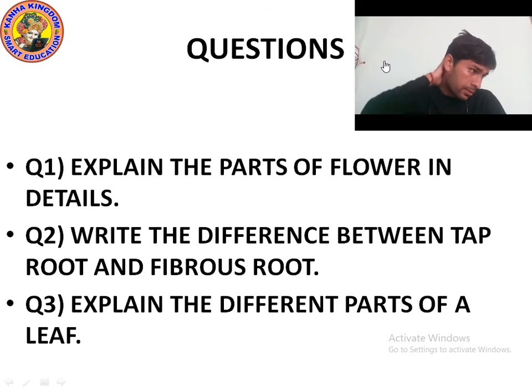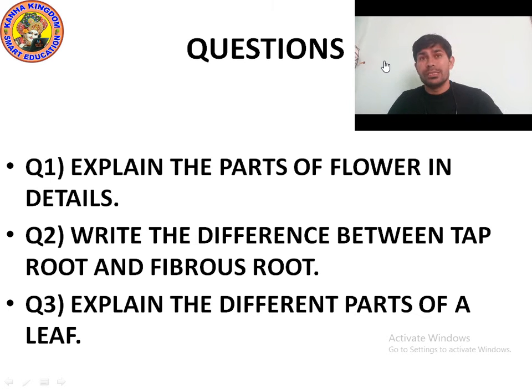We can divide stamen into two parts, anther and filament. Anther is the part of the stamen where pollen is produced, and filament is a stalk that connects to the anther. There are three parts of pistil: style, stigma, ovary. Style is a long slender stalk that connects the stigma and the ovary.